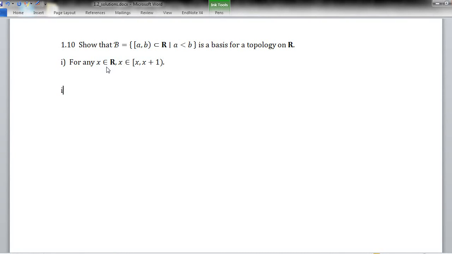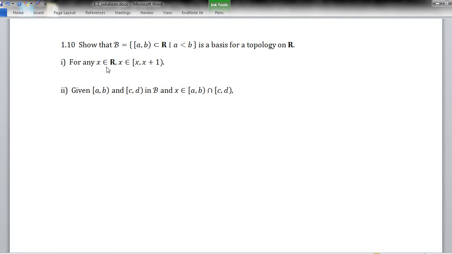As for the second property, this time we are supposed to be given a couple of basis elements, say interval from a to b and interval from c to d, in our basis, and we're allowed to assume that x is contained in the intersection of these two basis elements.